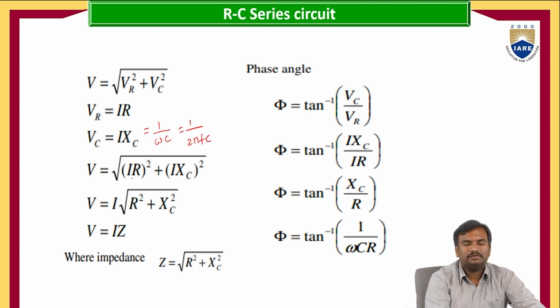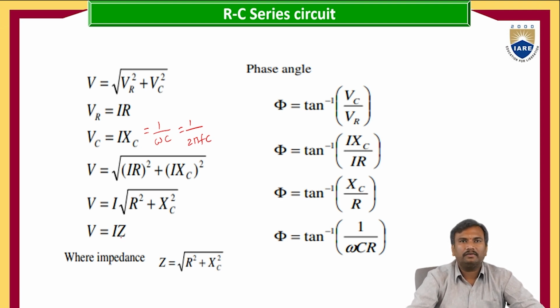So V equals square root of IR square plus IXC whole square. If you take I common, we get square root of R square plus XC square. R square plus XC square is nothing but Z, the impedance of the circuit, where Z equals square root of R square plus XC square.